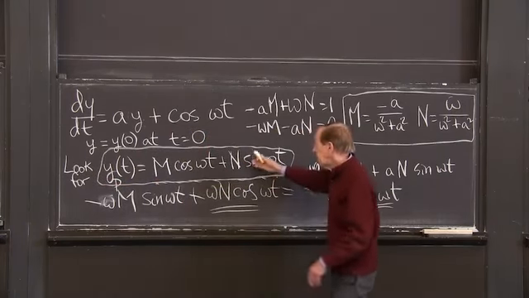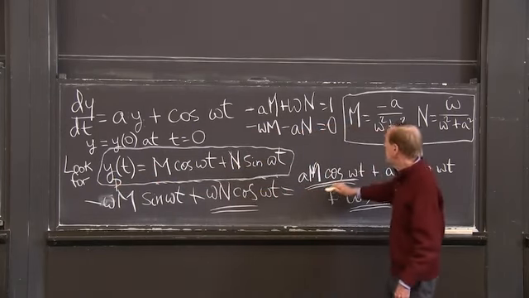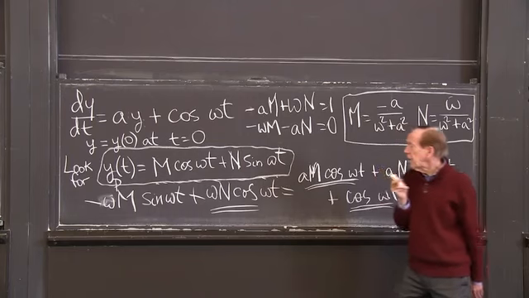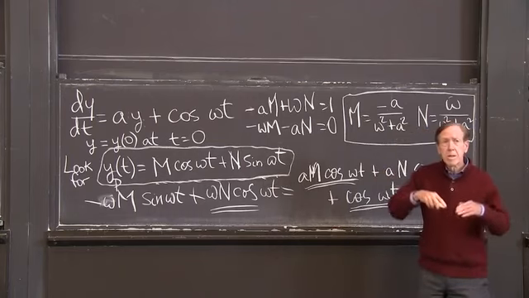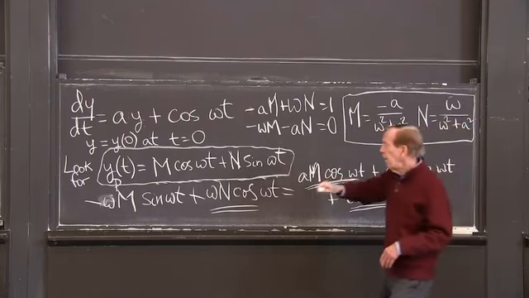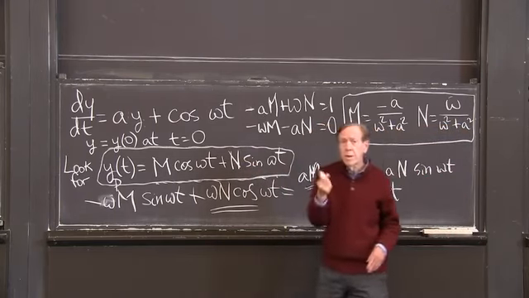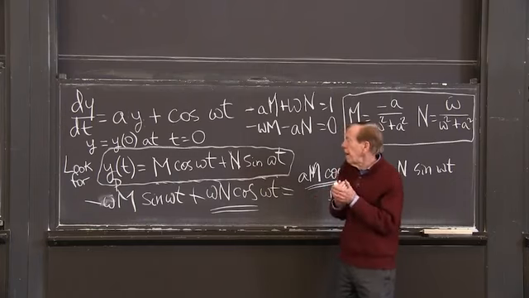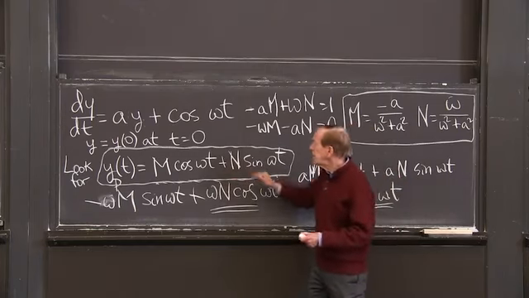We substituted that in the differential equation. We discovered m, we discovered n, we've got this particular solution, and that's the oscillation that keeps going. If we're listening to radio or if we have alternating current, this is what we see.